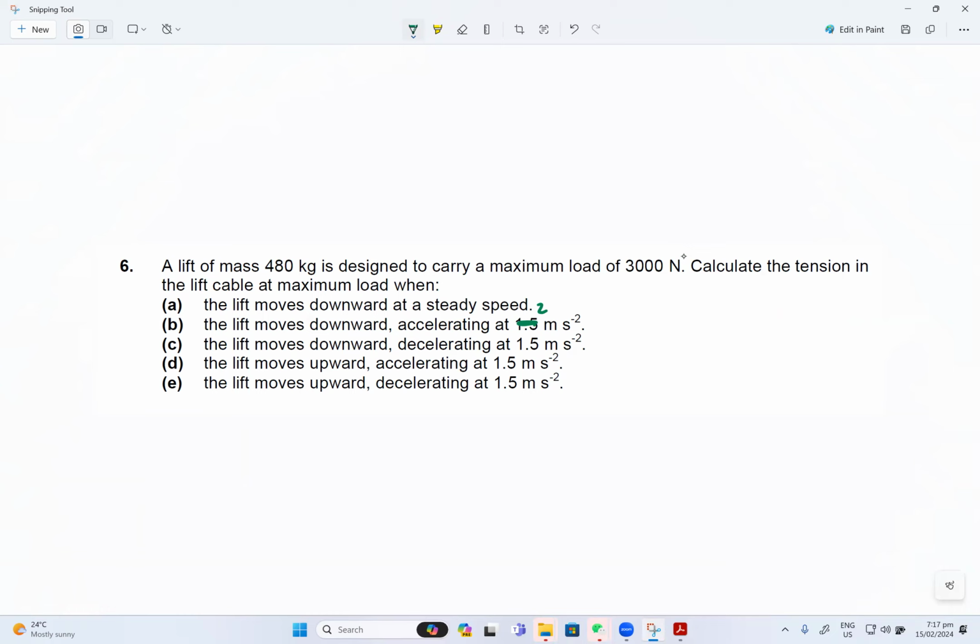We change here to 2, here to 3, here to 4, here to 5.0. So for question B, you have weight downwards, tension up, but acceleration downwards. In this case, ma just equals 7700 minus T.